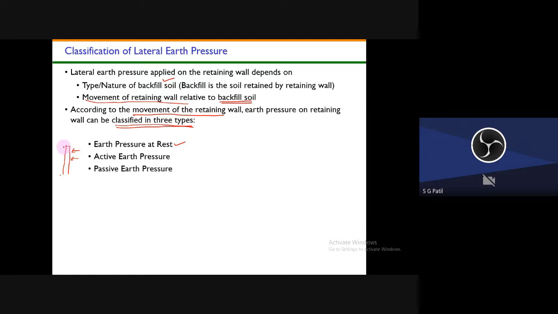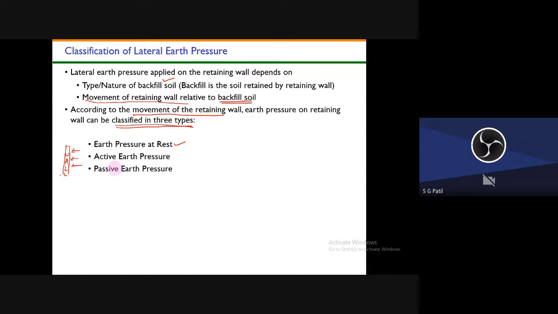That means you are designing this wall very rigidly, so you will get a huge cross section, so that whatever pressure acts on this wall is not able to move it. Okay, so this is the wall. That means your retaining wall is stationary with respect to the backfill. That type of pressure is called earth pressure at rest condition.